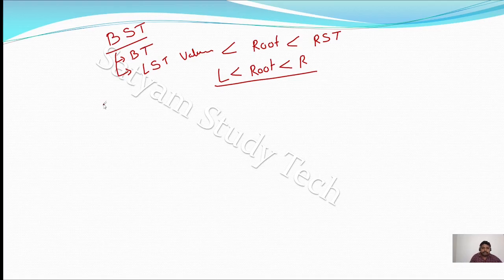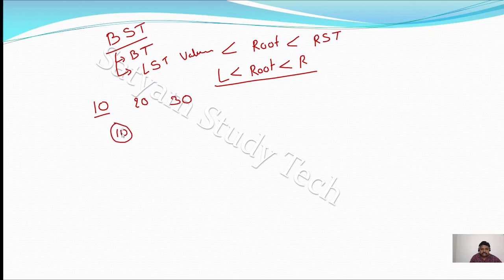Now you can see what the problem in that BST is. Let me consider 10, 20, 30. First we have to construct the BST. Initially there is no tree, it is empty, so 10 is the root node.